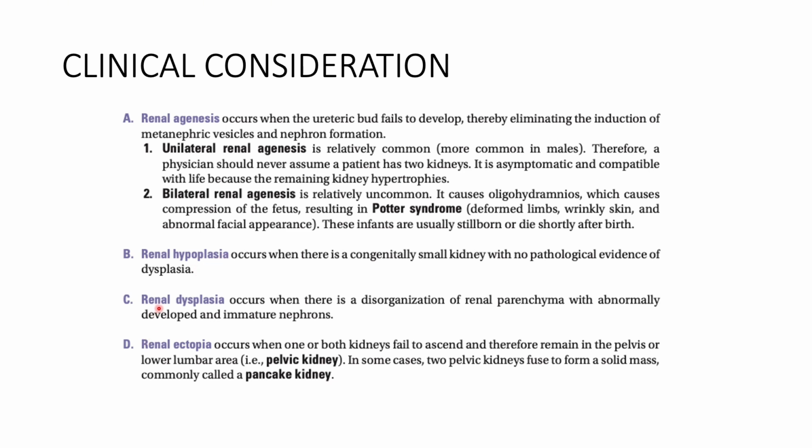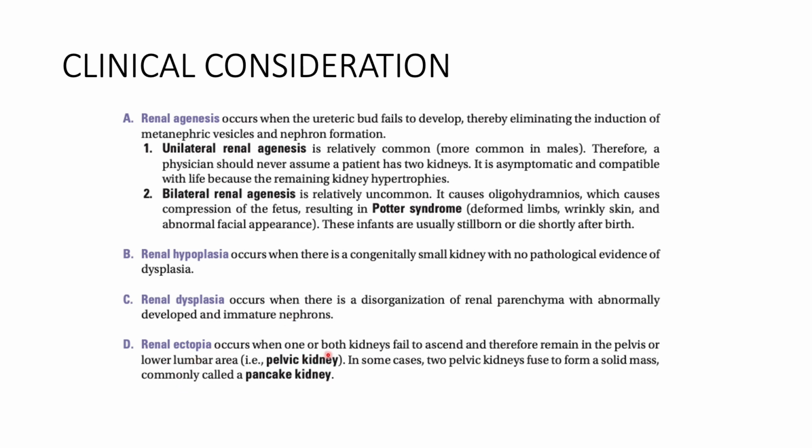They also have renal dysplasia, which occurs when there is a disorganization of renal parenchyma with abnormally developed and immature nephrons. So the nephrons are not mature, then obviously they cannot undergo proper ultrafiltration.